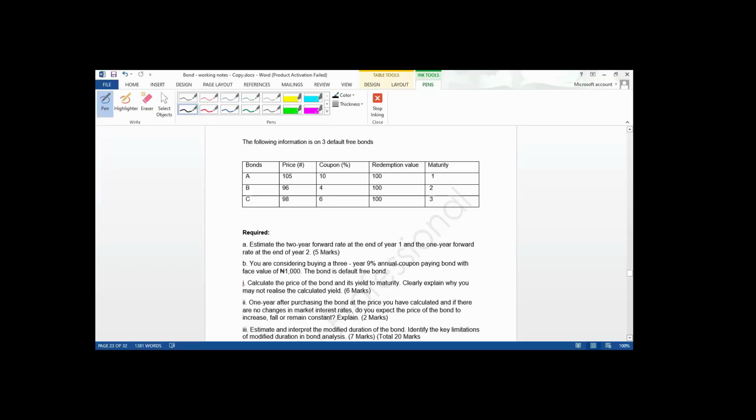The coupon rate is 9%. The face value is 1,000. Examiner says, B1, calculate the price of the bond and its yield to maturity. So you want to calculate the price of a default free bond. In that case, you are going to use default free bond spot rates.